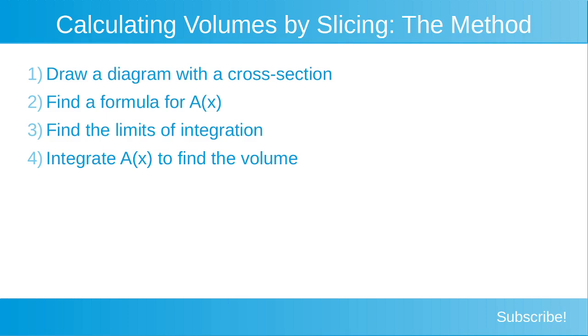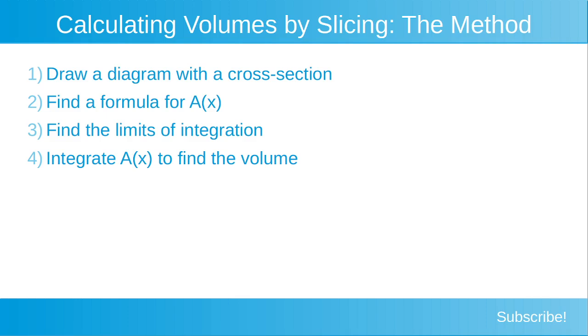Next, for our second step, we want to find a formula which describes the cross-section area A as a function of x. For our third step, we want to find the limits of integration that we're going to use. We'll see more about this in our example solution, but essentially we want to look at the furthest extents of our object along our axis.